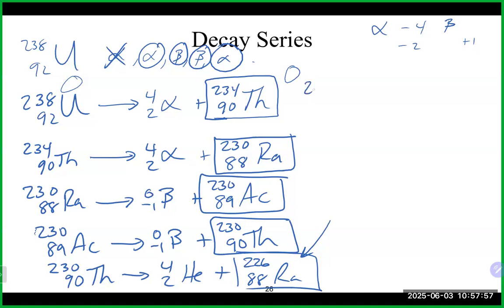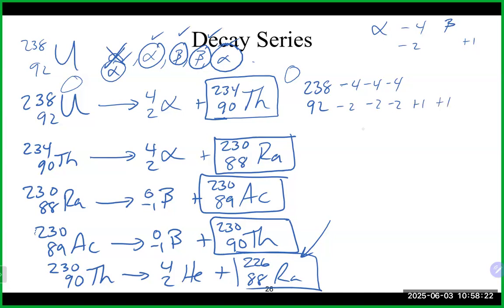So you could take your 238 and your 92, and basically we have 1, 2, 3 alpha decays. That means from the mass number, we're going to take 4 away three times and 2 away from the bottom each time. We also have 2 beta decays, which means we're going to add 1 to the bottom number.